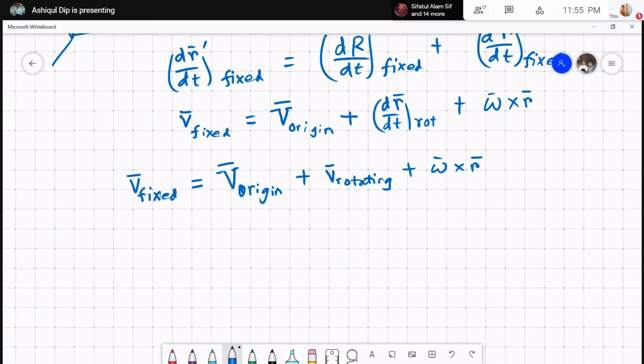Now apply d/dt fixed on both sides again.